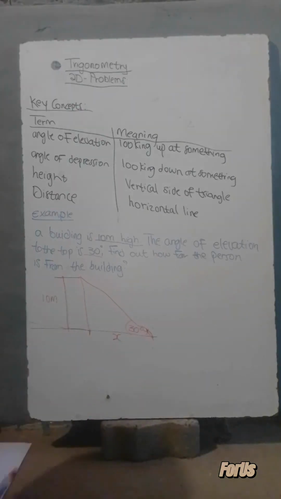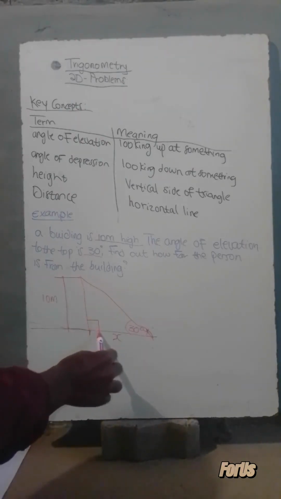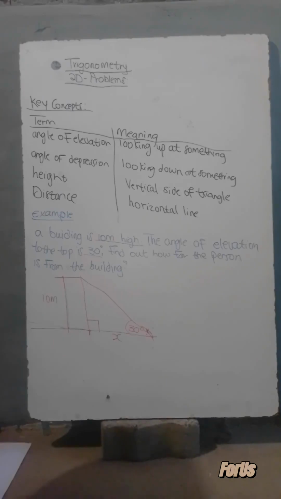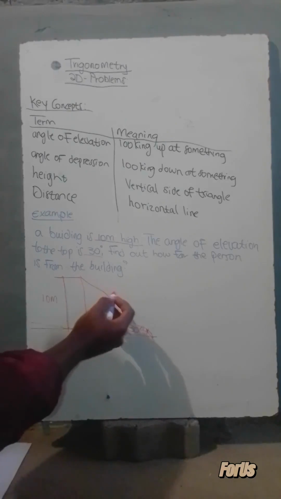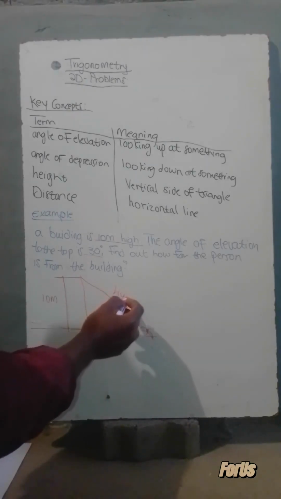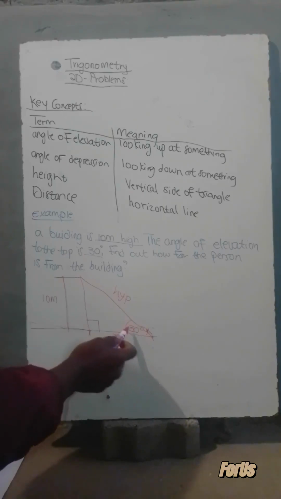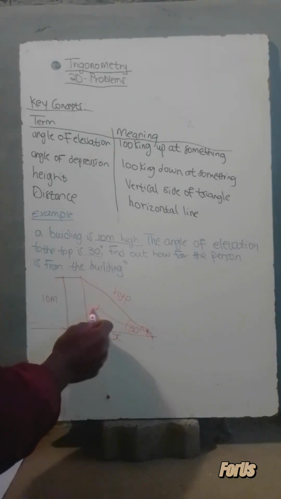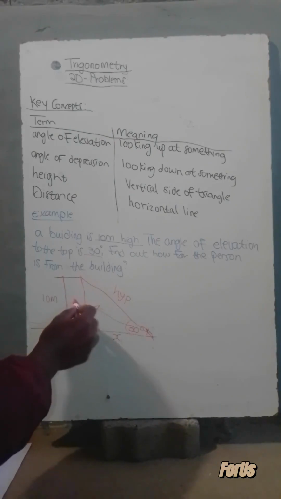Now to find the distance here, we're going to use a trig ratio. Let's say here, the longest side is going to be the hypotenuse. And the side that is opposite to this angle that we are dealing with is going to be the opposite.